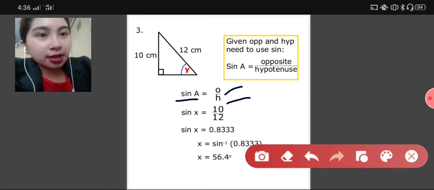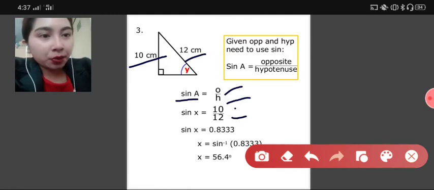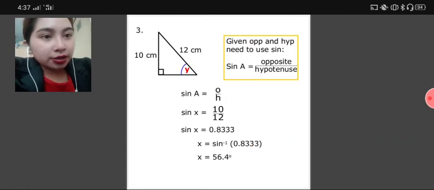Opposite natin is the 10 centimeter. So 10 over 12, which is the hypotenuse. I-divide mo lang, lalabas yung sagot na 0.8333. Same lang pa rin. Shift, then sine inverse ng 0.8333, lalabas yung sagot na 56.4 degree.